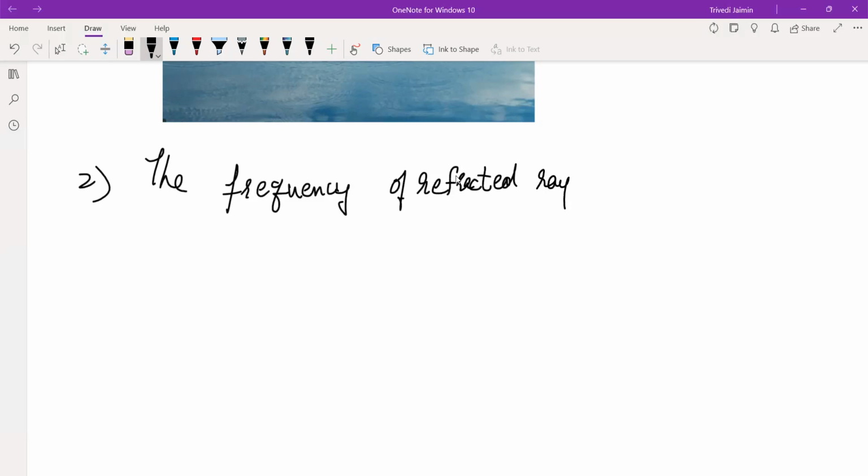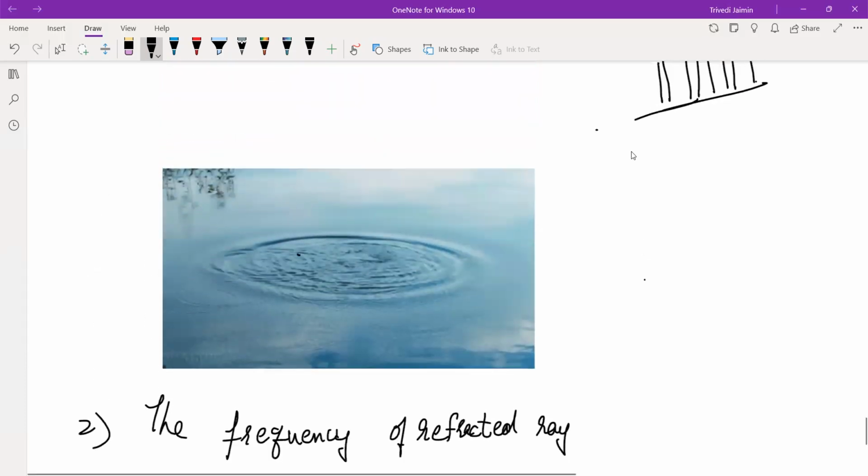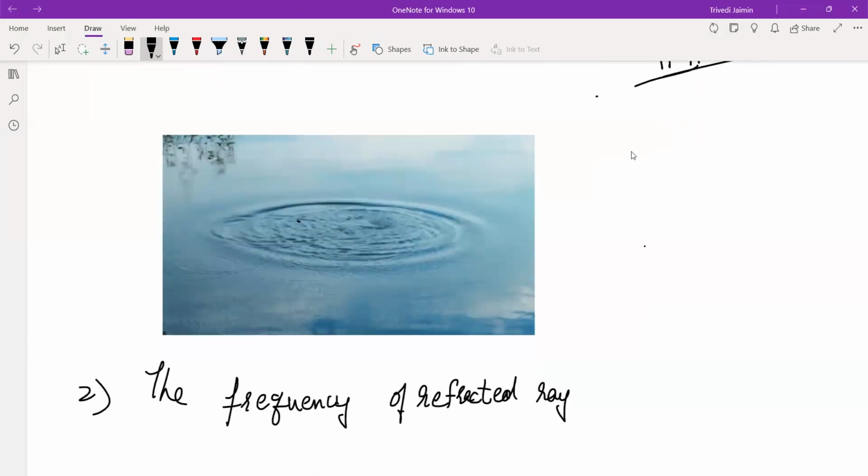Refracted ray. Now what will happen to this one? Will it change? Will it be constant? What is frequency, by the way? Do you know frequency?